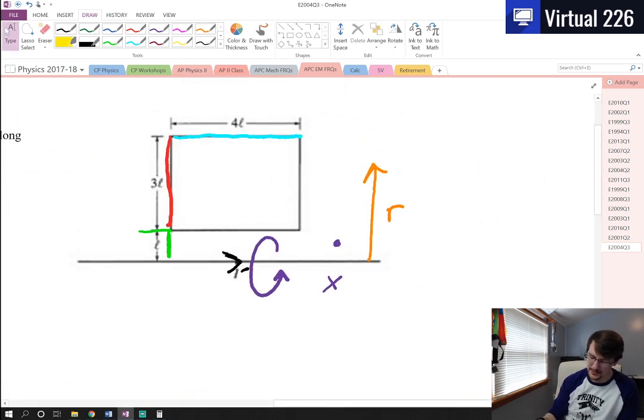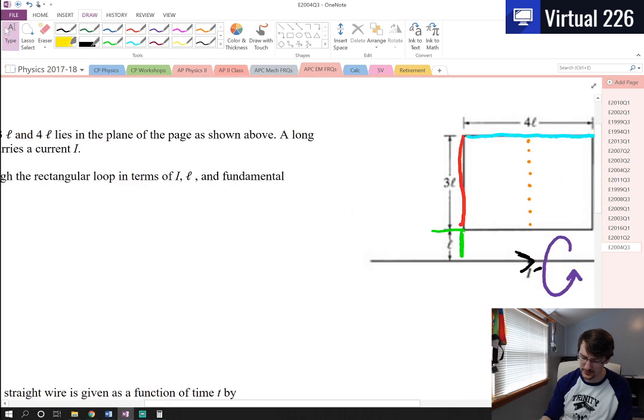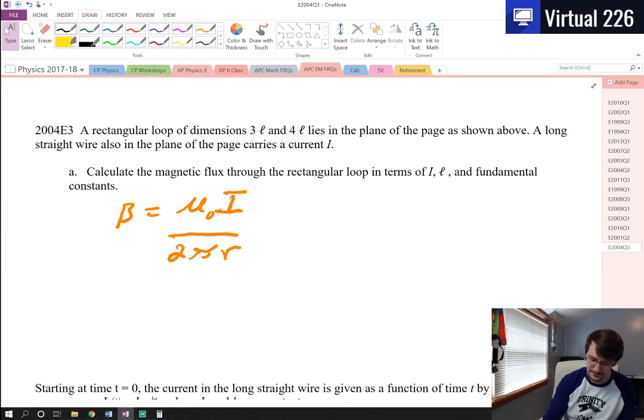Now, in our case, we have flux going through this loop at different distances. This r value is changing, which makes this slightly annoying. But have no fear.